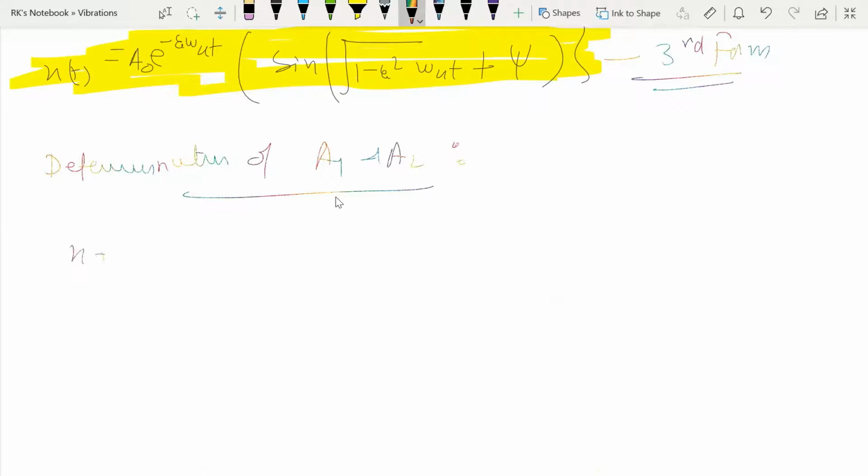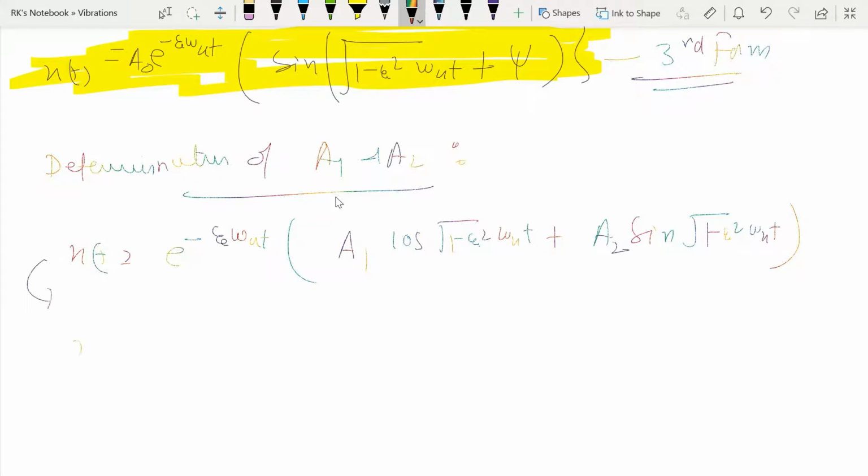So this is our equation: x(t) = e^(−ζωn t) [A1 cos(√(1−ζ²) ωn t) + A2 sin(√(1−ζ²) ωn t)]. From here, if we differentiate this equation, we'll get the velocity x dot(t).